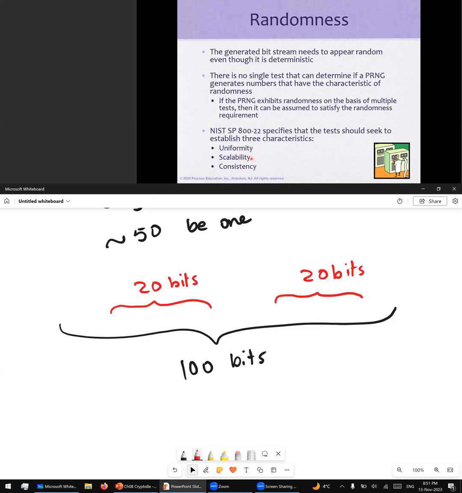For any seed value that you give it, the generated string of bits should have uniformity and scalability. If that happens, then we have consistency. So consistency refers to the consistent behavior of the pseudo-random number generator across different values for the seed, and not just one specific value.